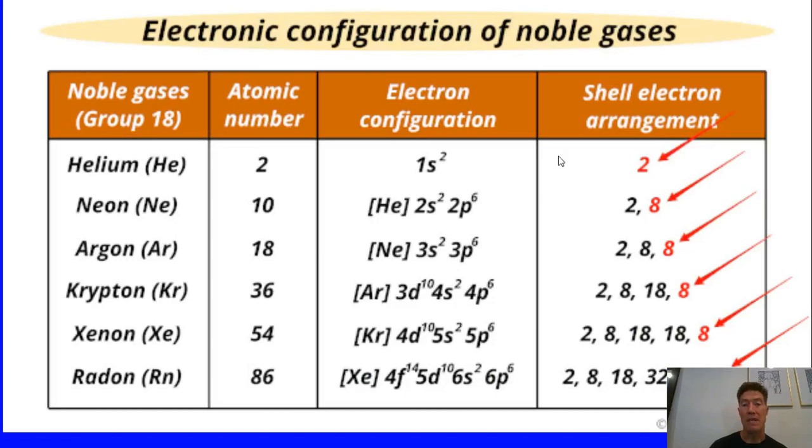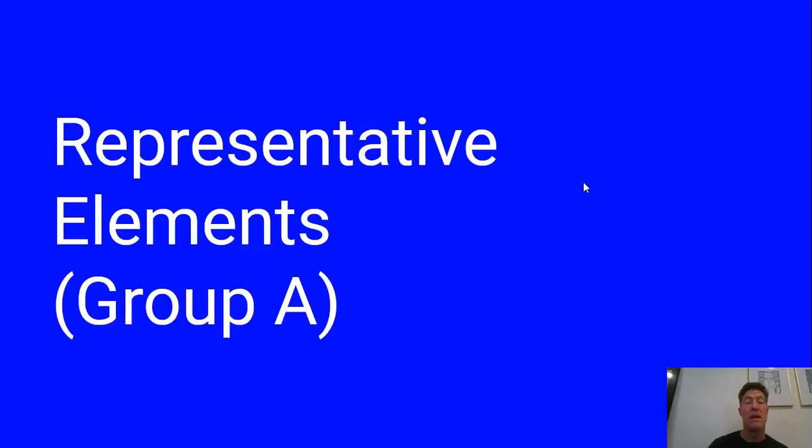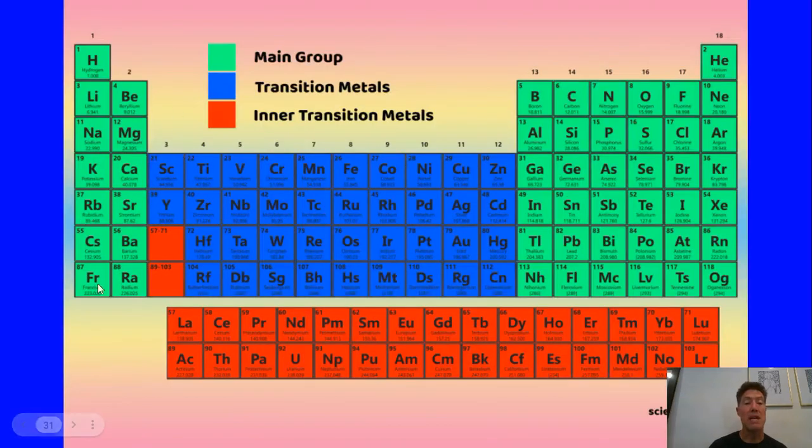Again, another way of depicting their electron shell arrangement, and you notice that the outermost shell, with the exception of helium, has 8 electrons. That takes us to the second group, the representative elements. These are the ones in green here. We call these the representative elements. Oftentimes, the noble gases are included as part of the representative elements, but sometimes they're defined slightly differently.